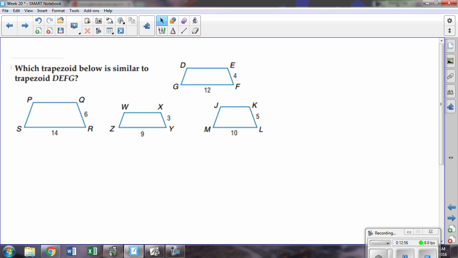Okay, we need all the angles to be congruent. We don't have angles to look at. We were told one of them is similar. So basically, if we can figure out and rule out two of them by process of elimination, we'd know the third one would have to be because we're told one of them is. Well, we can't check the angles because there's no information there, but we can check the scale factors. We know they have to have the same scale factor. Okay, so what is the scale factor on the original?